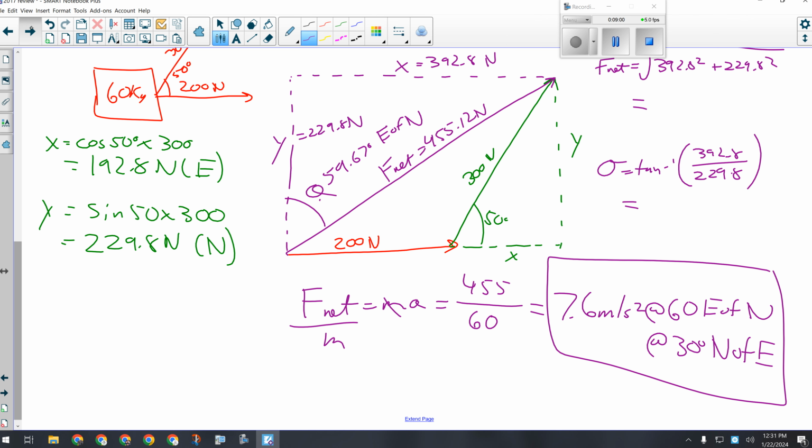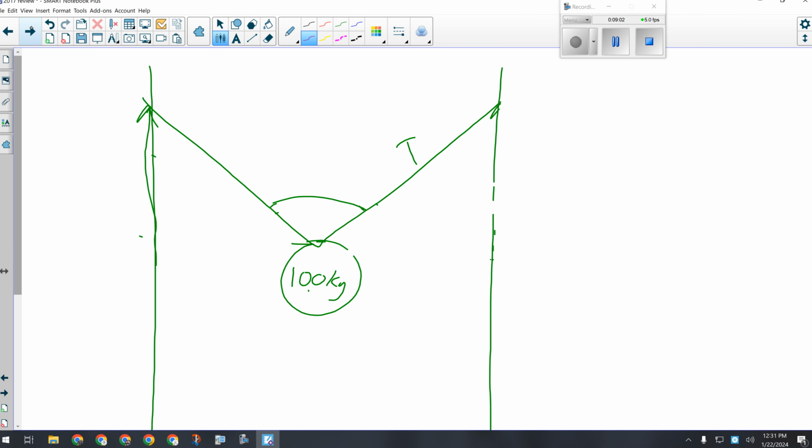All right. While I'm double checking, see what we remember about this kind of situation. I am looking for the tension in this wire if the angle between the 2 wires is 100 degrees. This is what we call a static question. What's the net force in this question? 0.